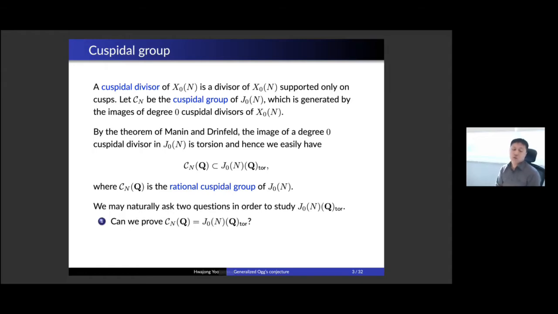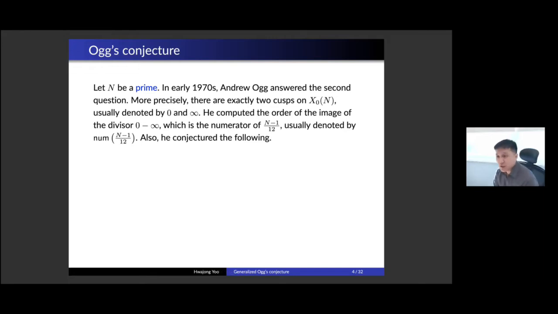So our question is, can we prove this rational cuspidal group is equal to the rational torsion subgroup? And the next question is, can we compute the structure of the rational cuspidal group? Ogg's conjecture: when n is a prime, in the early 1970s, Andrew Ogg computed the order of the cuspidal divisor 0 minus infinity.